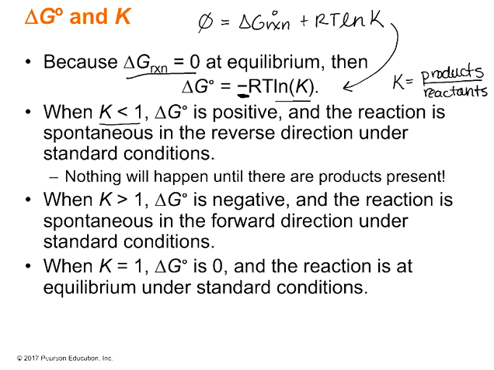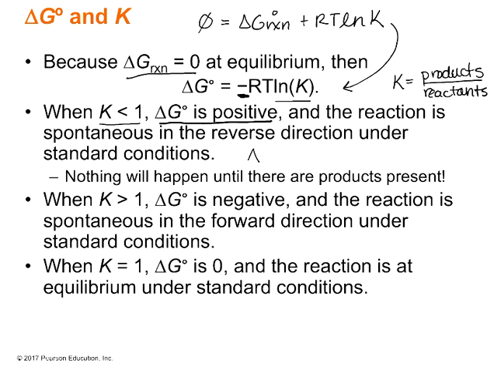So when K is less than 1, delta G is positive. And we know from before that when delta G is positive, we have a non-spontaneous process.